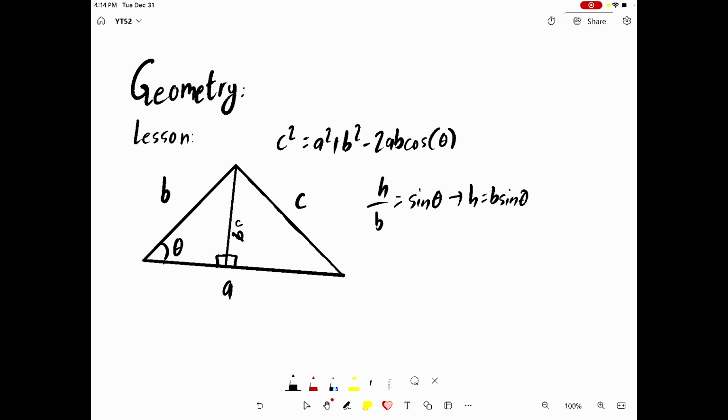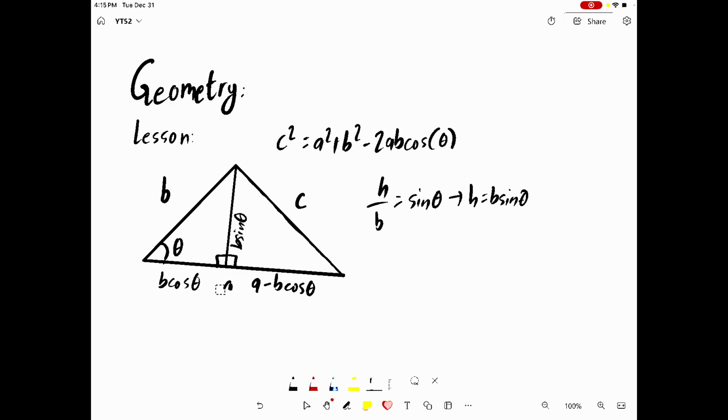b sine theta. Sorry, that took a bit, but now that we have b sine theta written down, if you look at the final side of the right triangle, you'll see that that's equal to b cosine theta by the same logic. So if the total length of the bottom side is a, and the length of the side that's closest to b is b cosine theta, then the other part of a is equal to a minus b cosine theta.